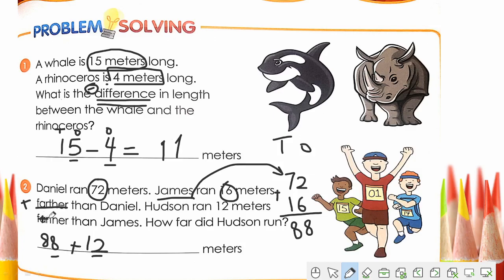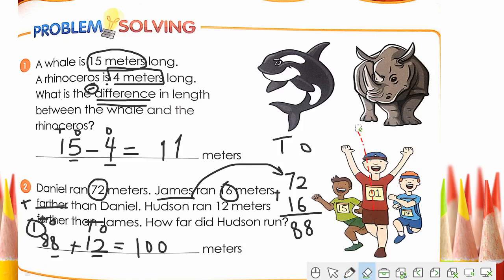T O. T. And here O. 8 plus 2. 8 in your mind. 2 in your hand. 10. 8 plus 1. 9. 9 plus 1. 10. 100 meters he ran. Okay? So he ran 100 meters.